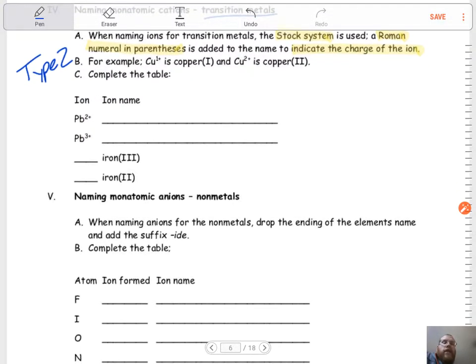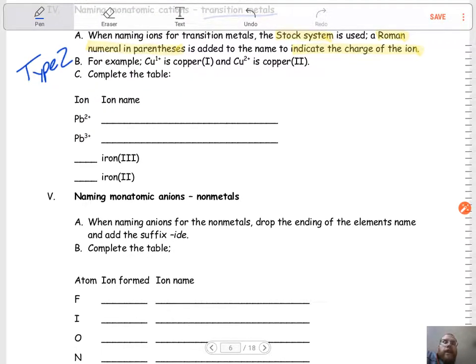So here we go. Let's try an example together, and then I want you guys to try it on your own. This first one, Pb. Look up and see what Pb is. That would be lead. Now, in parentheses, because notice there's lead here and there's lead here, but are they the same? No, they're not. They have different charges.